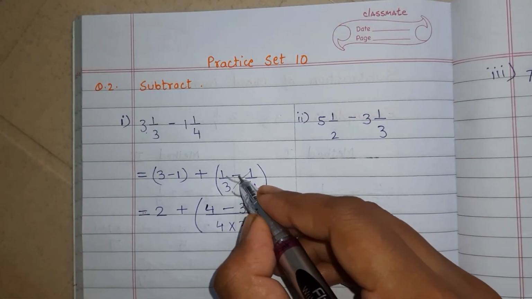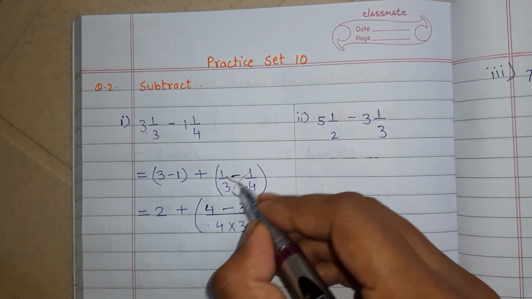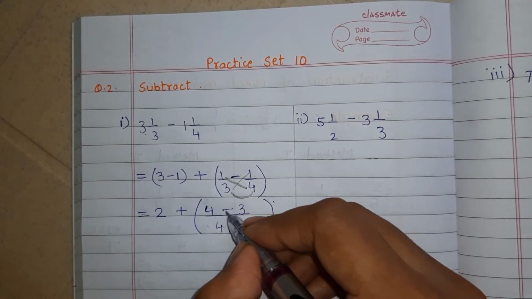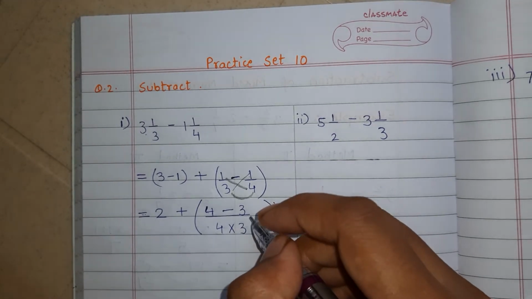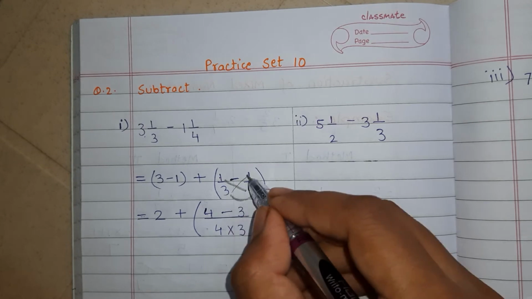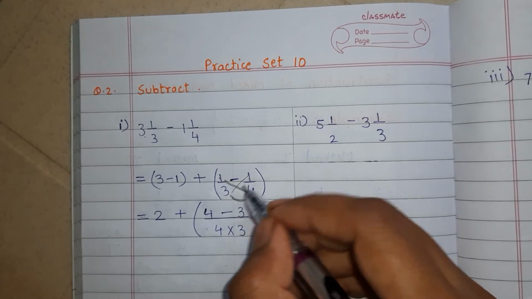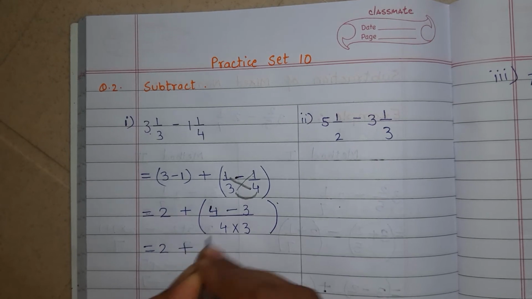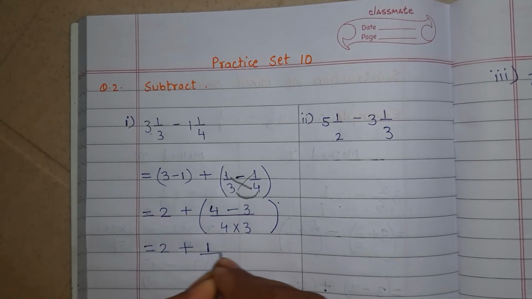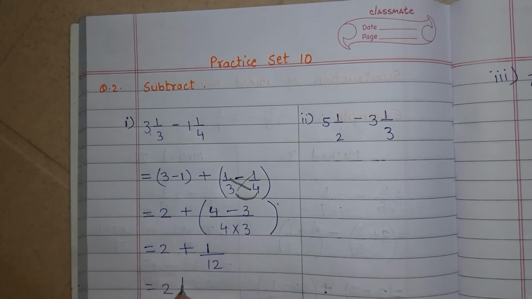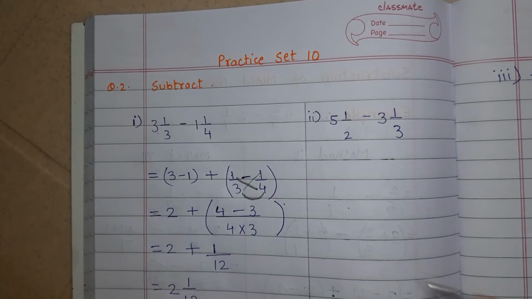Because there is a minus sign, and if you take the reverse order, meaning if you take 3 first, this will become 3 minus 4, so the answer will come negative, which will be wrong. So first do these two, and after that multiply these two. Now 2 plus 4 minus 3 is 1, and 4 3s are 12. So your answer is 2 and 1 upon 12.